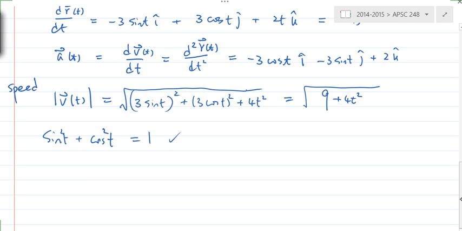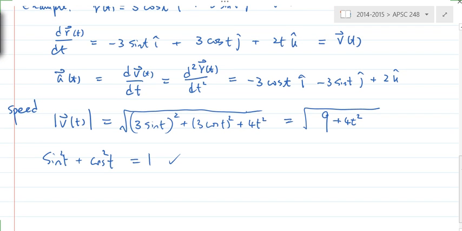Okay, so in this particular case, can you examine what is the relationship between the velocity and acceleration here? Essentially, what's the geometric relationship between the velocity and acceleration?